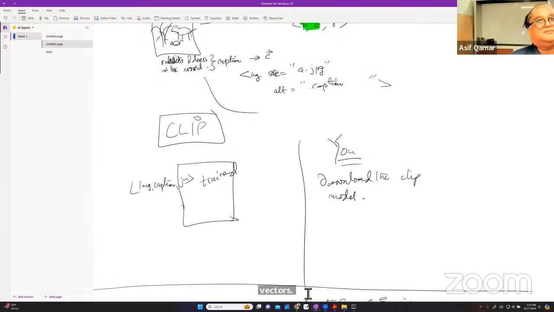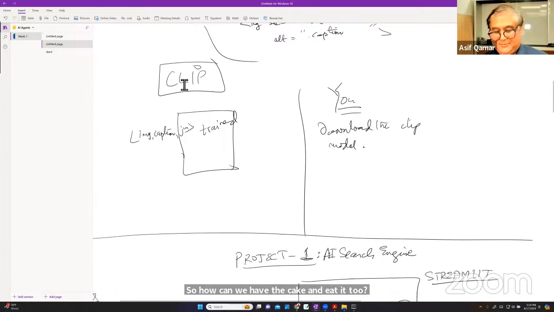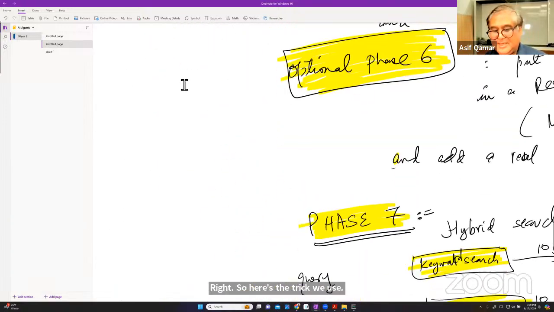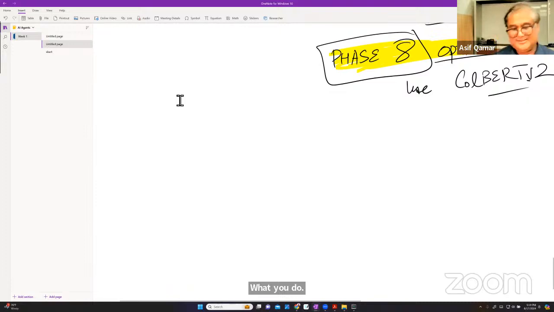It just is expensive. So how can we have the cake and eat it too? Right? So here's the trick we use. What you do, and that brings us to re-rankers, the topic of re-ranker.